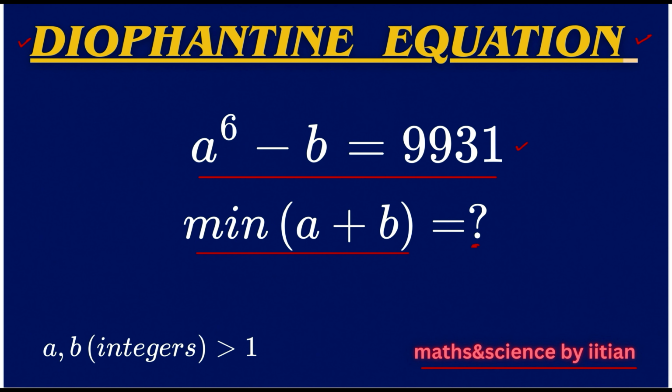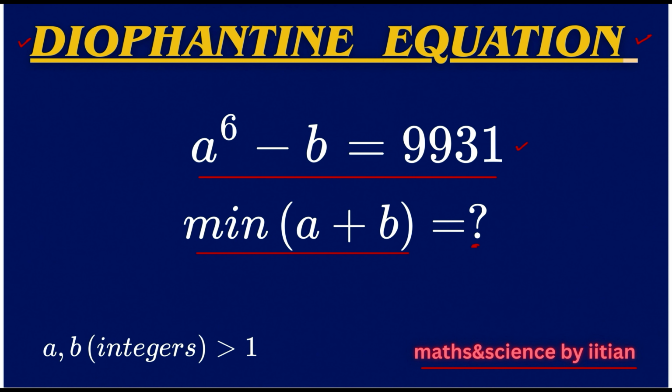Here there is only one single equation with two unknowns. We have to find the minimum value of a plus b. Will there be a minimum value? Will there be a maximum value? And what is the controlling equation for finding a plus b?